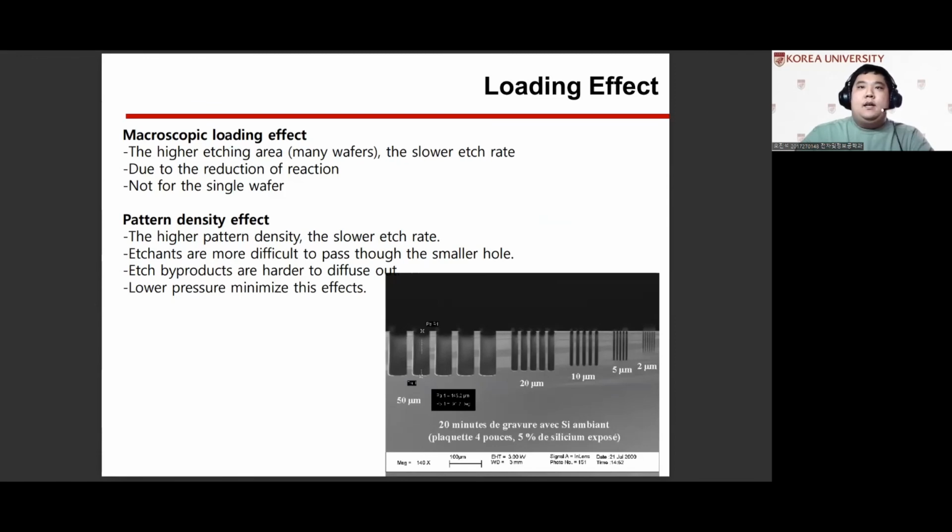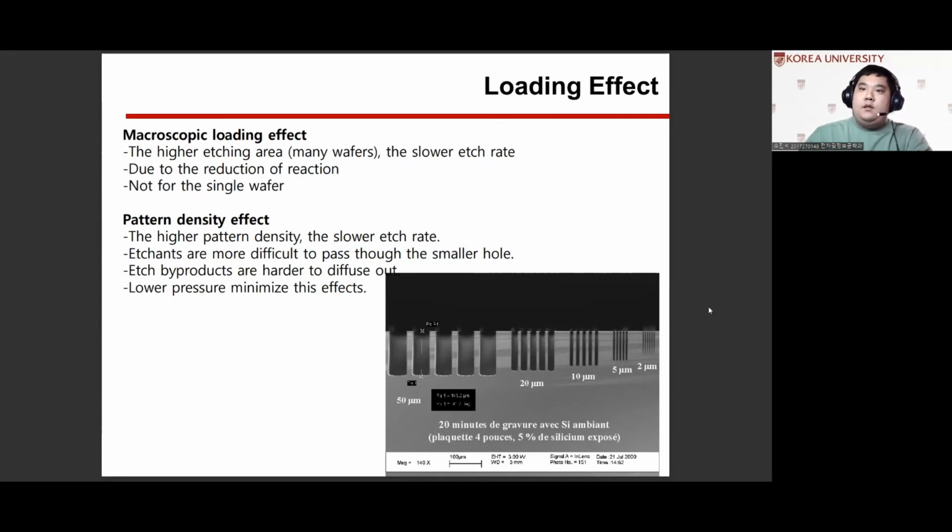Last but not least, I'm going to tell you about the loading effect. Not only for the amount of the etchant and the wafers, but even in one wafer, because the structure inside each chip is different: in one place the structure must be dense, and for another the structure must be less dense.